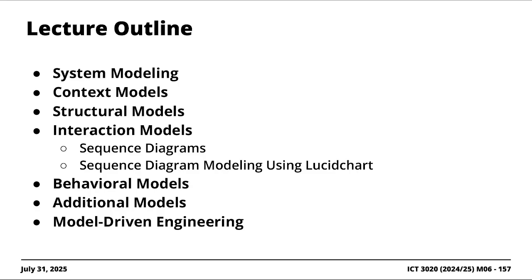So we took time to look at use case diagrams. We looked at structural models or structural diagrams, specifically class diagrams. And then we're looking at what I would argue is a behavioral kind of model, but they're also classified as interaction diagrams, so-called sequence diagrams.